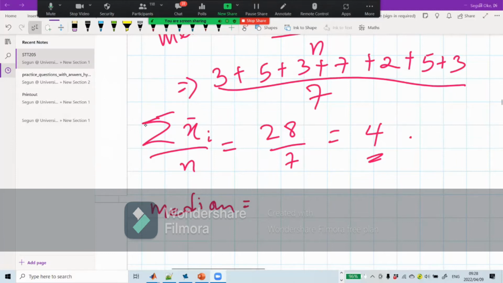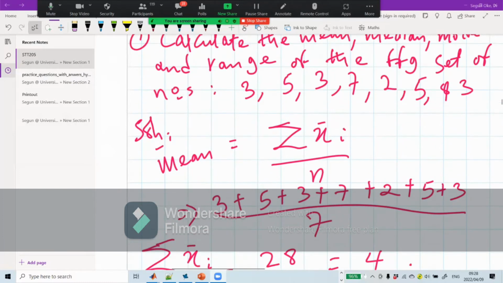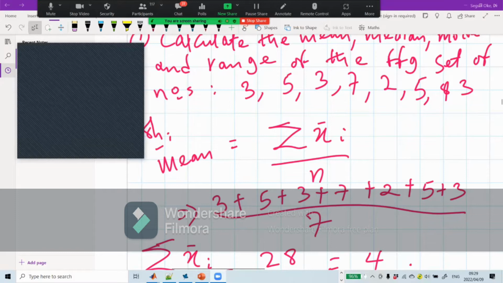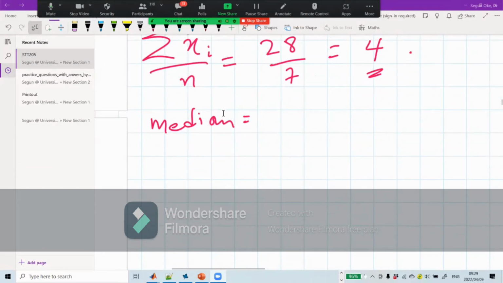The median will be, you rearrange the numbers or the data sets. We rearrange it. How do we rearrange it? We rearrange it in 2 ways, is it ascending order or descending order?